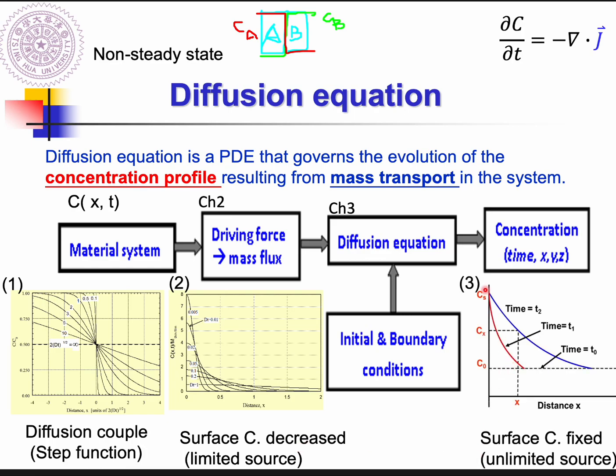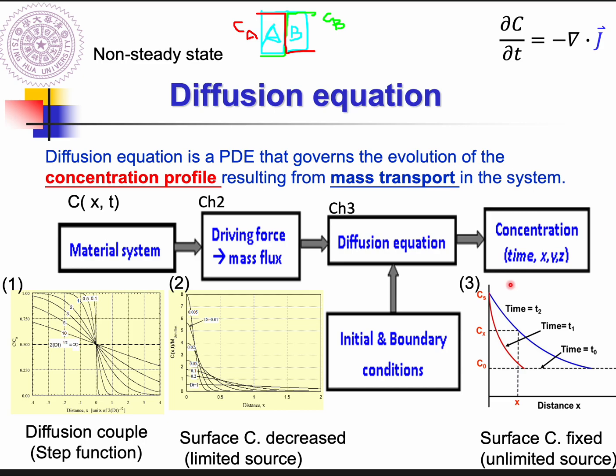And the third one we call the surface concentration fixed case. The surface concentration of diffusing atoms can be fixed because it is an unlimited diffusion source. For example, you flow methane into your furnace. You put a substrate here and flow the methane, supplying unlimited methane gas to serve as the diffusing atoms.